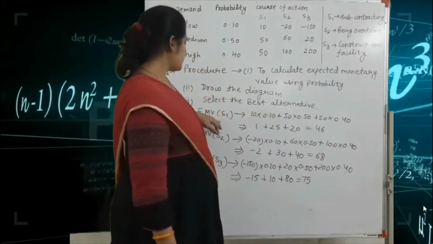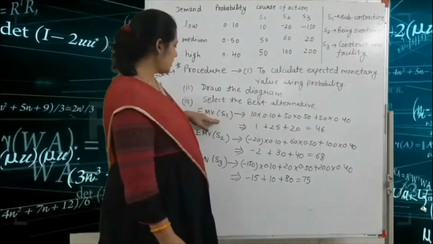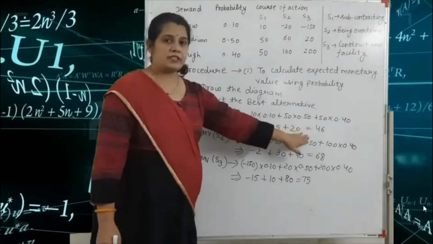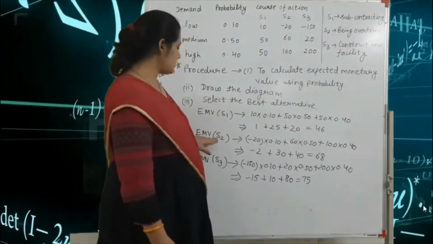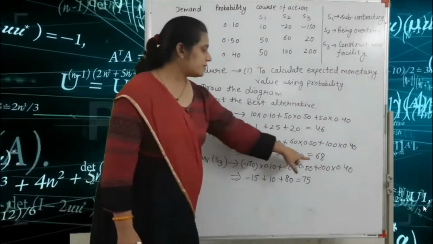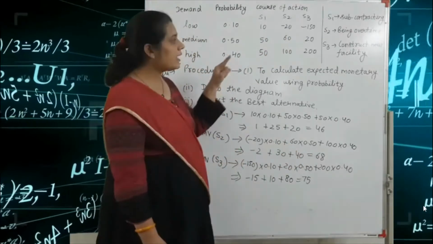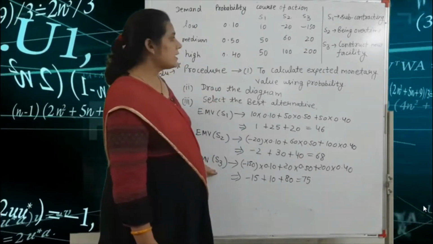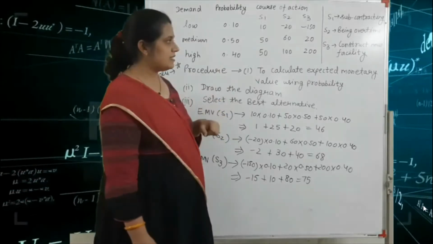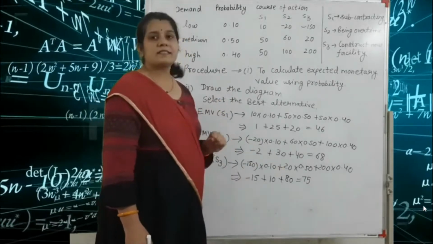So the expected monetary value for alternative S1, that means subcontracting, is equal to 46. The expected monetary value for S2, that means being overtime, we get the value 68. And the third, expected monetary value S3, that means construct the new facility, the value is 75.